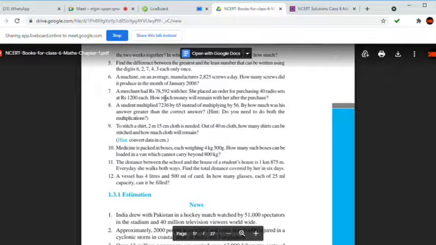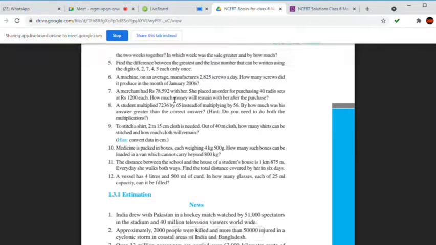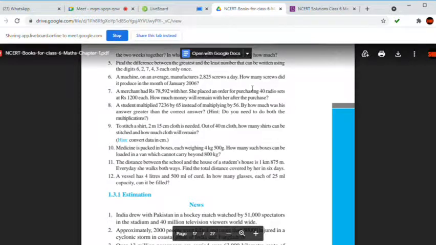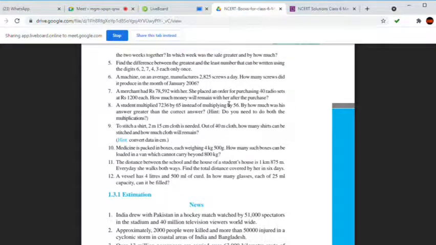Then she has 78,592 rupees with her. Then she gave an order for purchasing some radios. The cost of one radio is given, 1,200. That way 40 radios she purchased. After that, how much rupees balance with her?